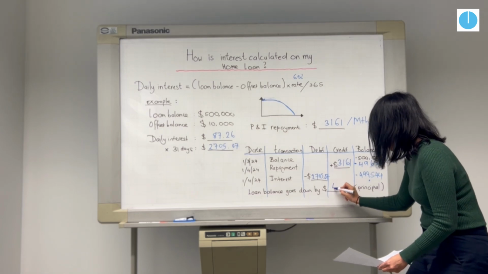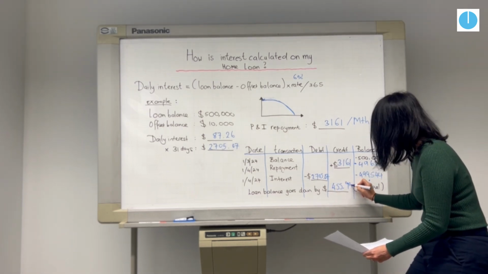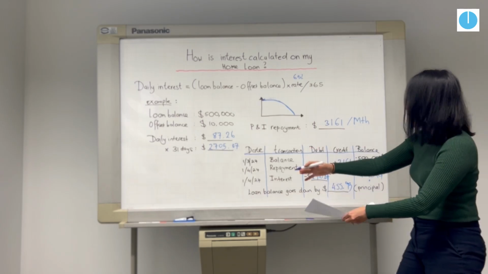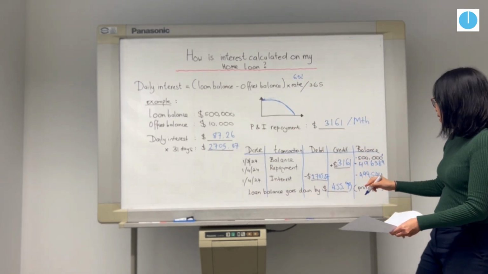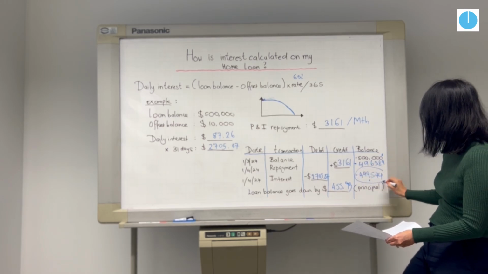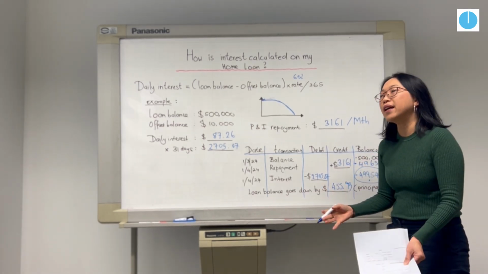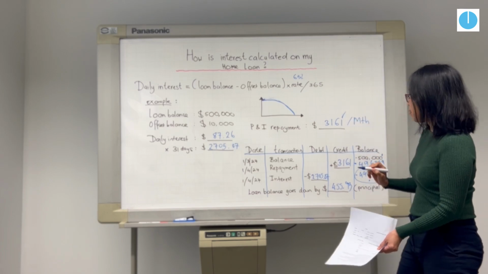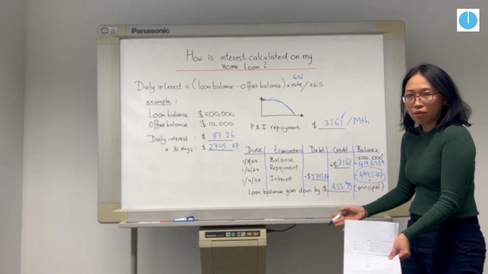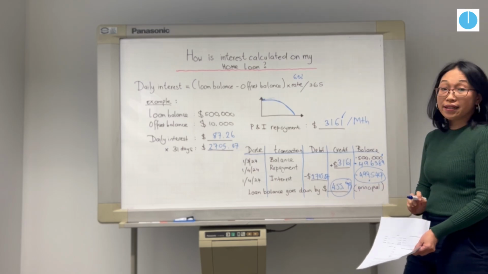In this case, it's 455.93. So the next month, the interest will be a bit less because it's based on this balance, not the 500,000. So if you ask me, my repayment is this, how much principal has gone down? The answer is this.